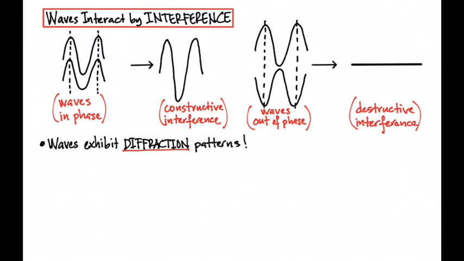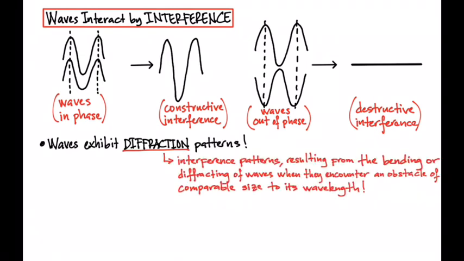And because of this, waves exhibit what they call diffraction patterns. And diffraction patterns are basically interference patterns resulting from the bending or diffracting of waves when they encounter an obstacle of comparable size to its wavelength. So essentially, if you have a wavelength of light, let's say a red laser, and a red laser typically has a 700 nanometer wavelength.